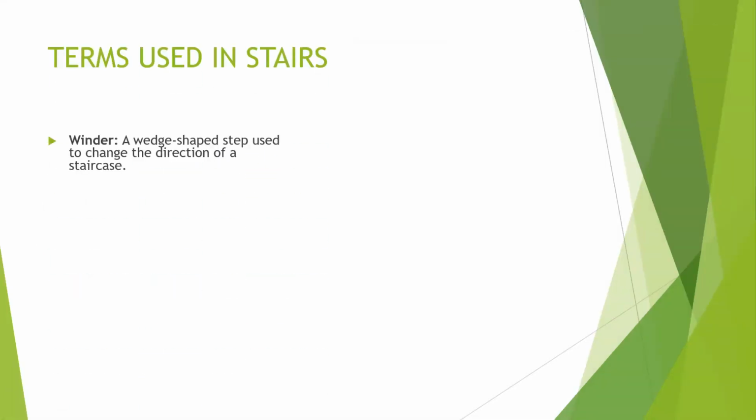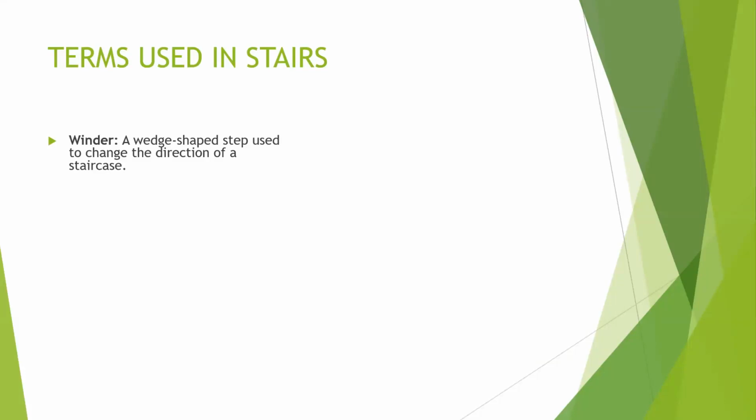Okay, and I'm going to be talking about the winder now. A winder is a wedge-shaped step used to change the direction of a staircase. Let us say we have a half turn or a quarter turn stair, and then by the time you take your first landing, there can be a series of steps where the edge is a bit wider than where it is coming from.